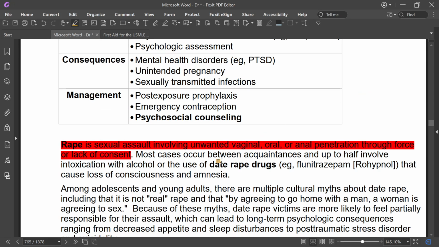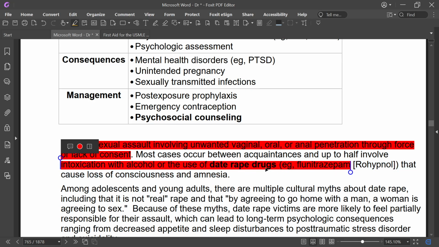Date rape drugs like flunitrazepam cause loss of consciousness and amnesia, and alcohol can be used as an intoxicant, among adolescents and young adults.